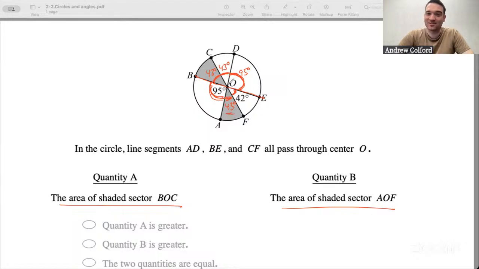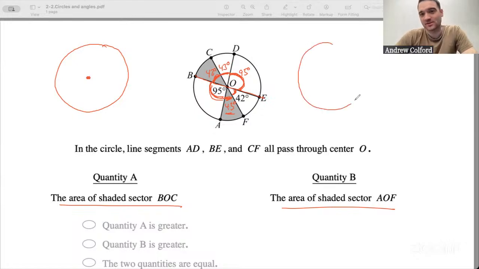This angle is 43 degrees and this is 42. So those aren't changing. But let's use some logic and I'll make it a little more blatant. I'm going to draw two equal circles here. So these two circles are equal. Let's say I have an angle of 90 degrees and an angle of 3 degrees.